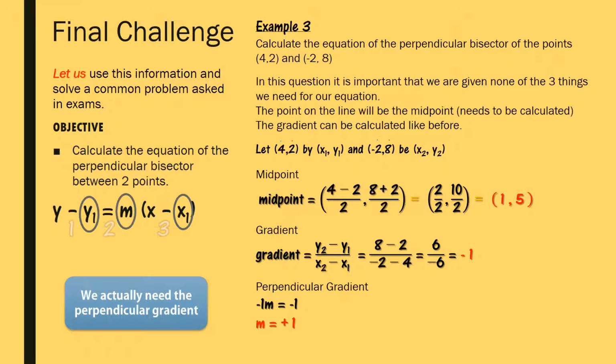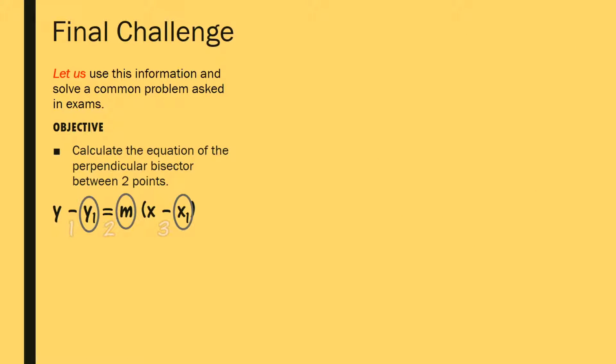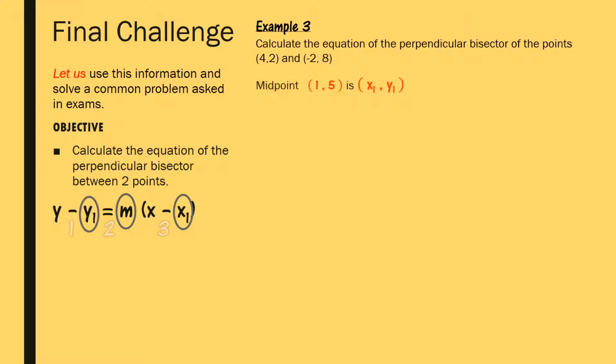So we have our gradient m to put in, and I also have the x1, y1 of a point that lies in a line, which in this case is the midpoint. So I'm going to take those values and I'm going to plug them in to my equation. So you can see that my y1 is 5, my x1 is 1, and my gradient is 1, and I'm going to multiply it with brackets, and 1 times x is x, and 1 times minus 1 is minus 1.